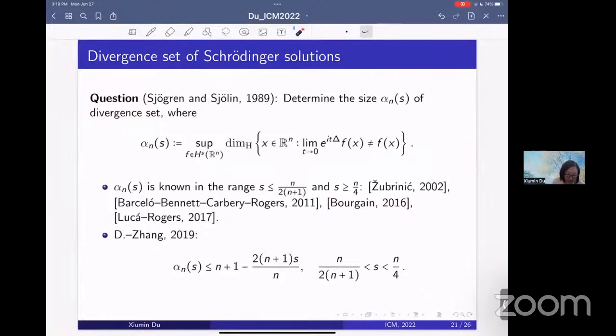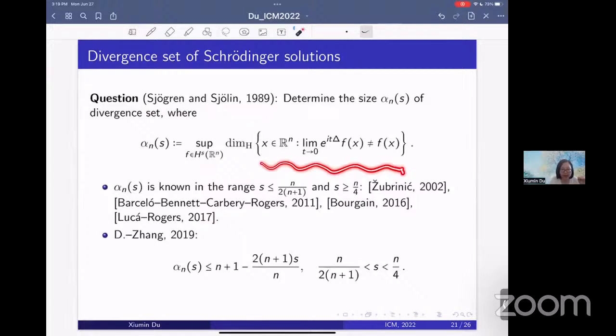The first one is the divergence set of Schrödinger solutions. This question was proposed by Hergren and Herlin. This question is a generalization of Carleson's pointwise convergence problem. Here, given an initial data f in the Sobolev space H^s of R^n, we take this divergence set, the set of all the points x where, as t goes to 0, the solution doesn't converge to f of x.